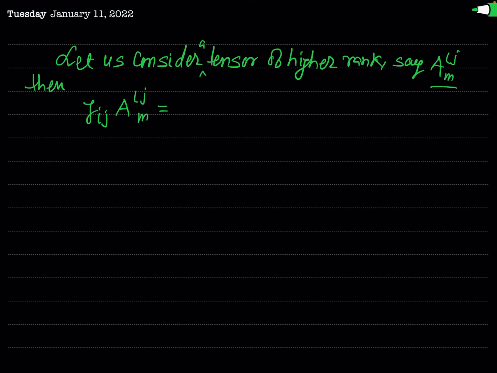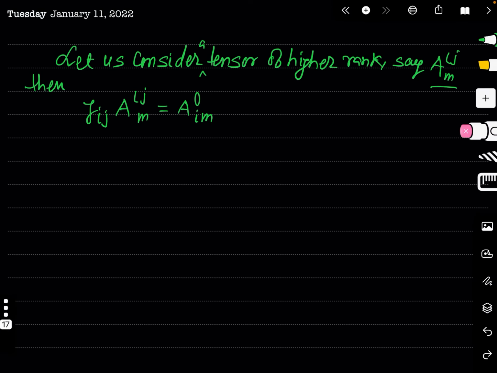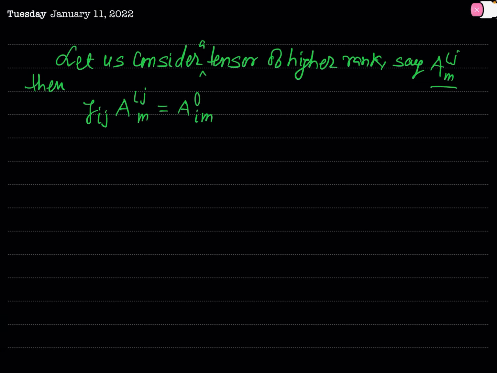Now see, this resulting tensor will be what? J is the repeated index, so we will drop it, and this will be A super l sub im.